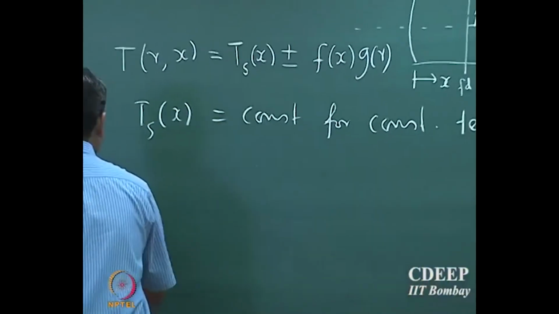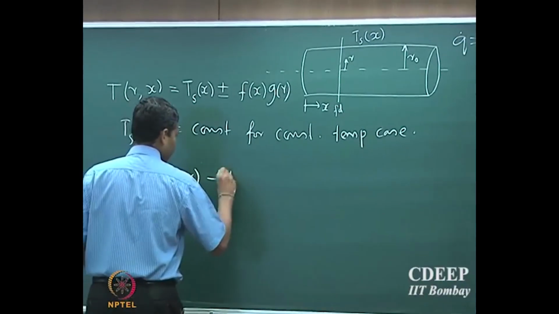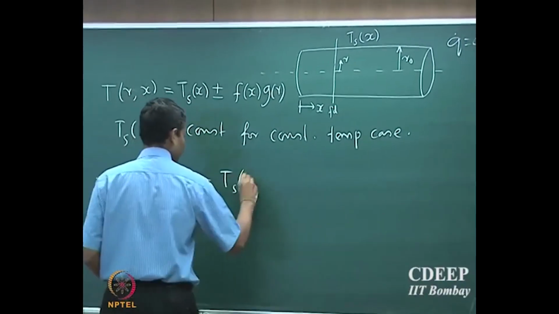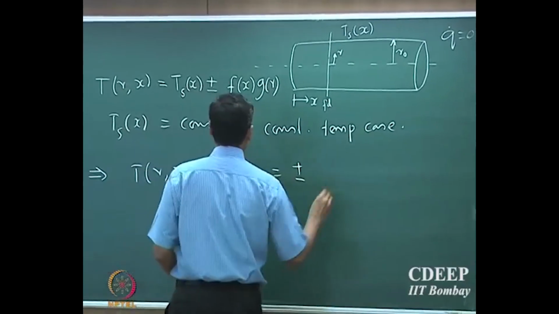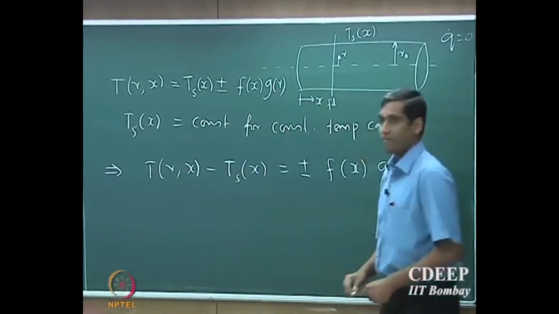So therefore, we can rewrite the functional form as T of r comma x minus Ts equal to plus or minus f of x into g of r. Okay.